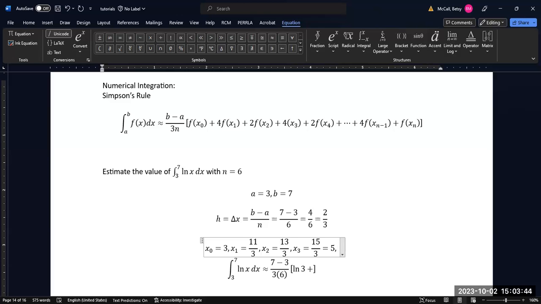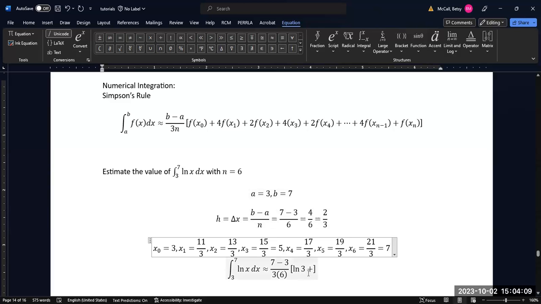And then x4. And if you have weird numbers like this, it is useful to write these out. 17/3. x5 is 19/3. And then when you get to xn, in this case, you'll get 21/3, which is 7, which is your final value.